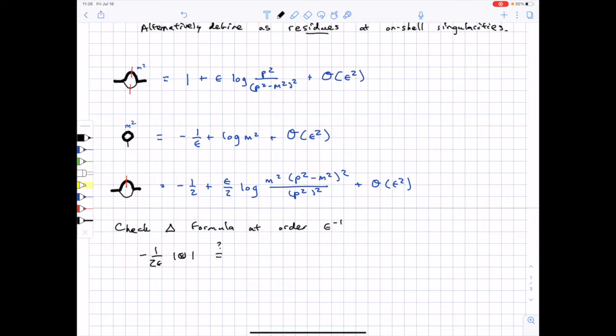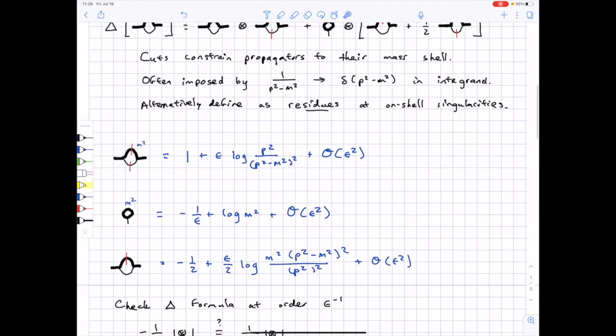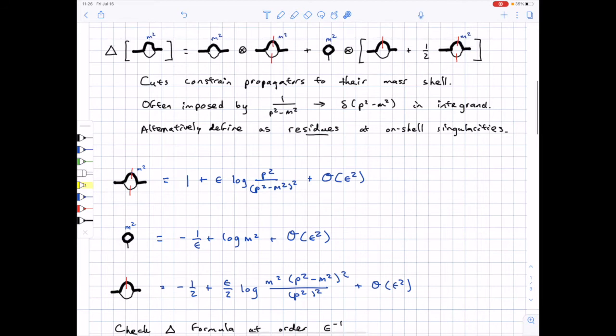And on the right-hand side, we are taking this same expression times 1, so nothing from this term here, and then we'll have this divergence from this term and then a sum of other terms here.